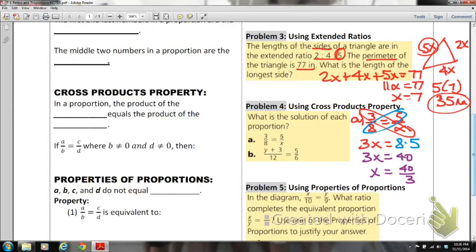The B problem is the same type of problem, only here you're going to have to use the distributive property. When you multiply, you're going to have 6 times y plus 3 is equal to the 12 times the 5.